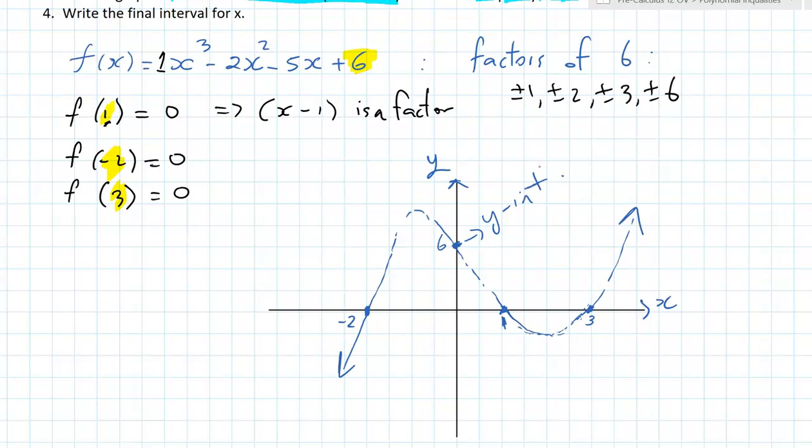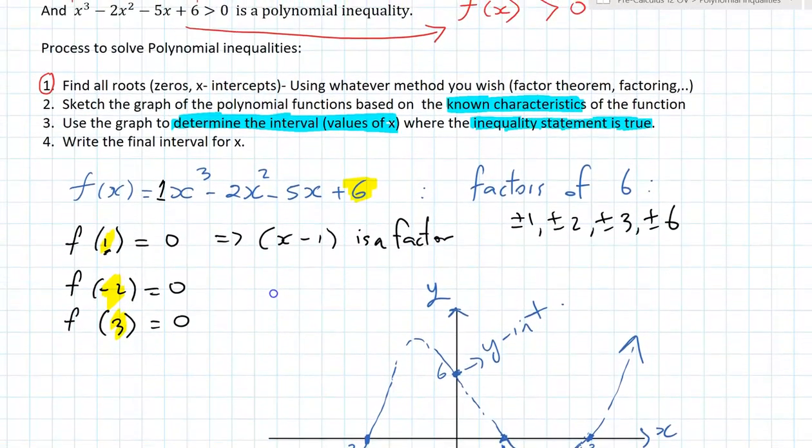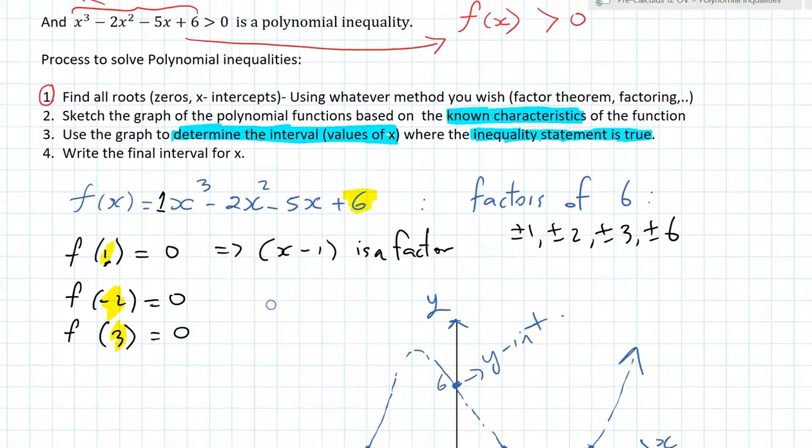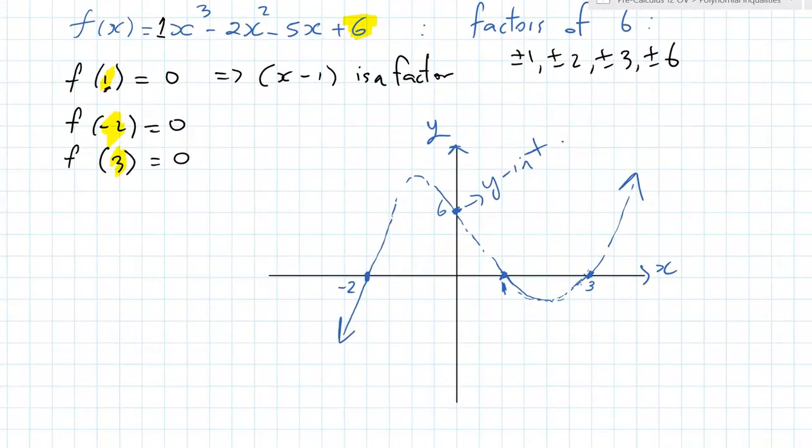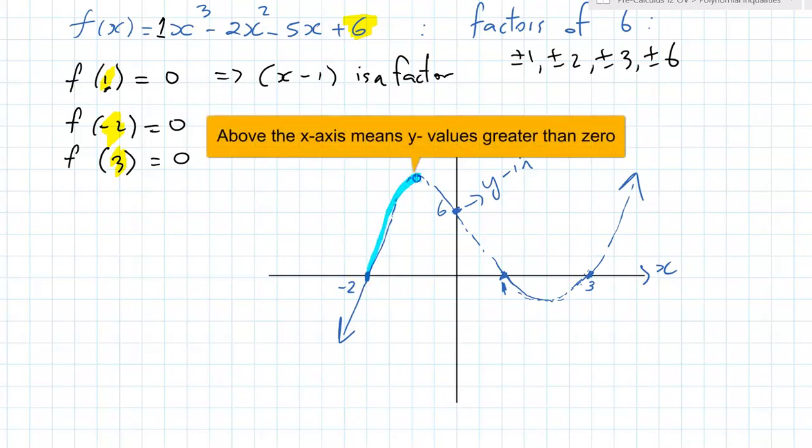Now we're going to go ahead and answer the question, solve the polynomial inequality. And the question says we want all values of x for which the polynomial function is greater than 0. So I mean, we want the function to be greater than 0. That means we want the part of the graph that is above the x-axis. The y value you want is above the x-axis.